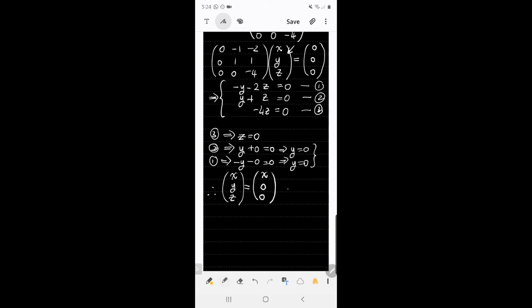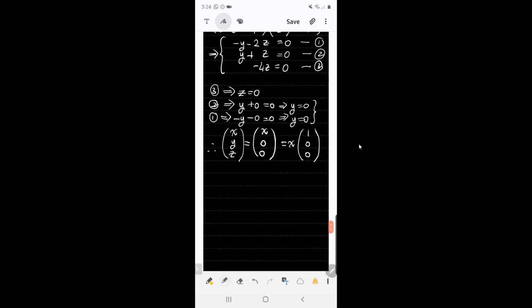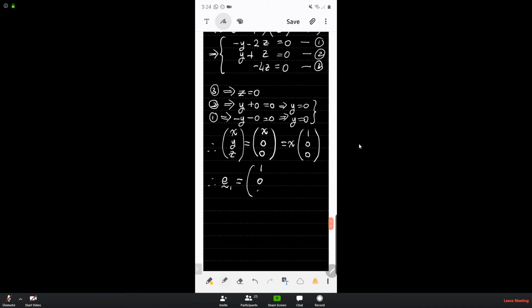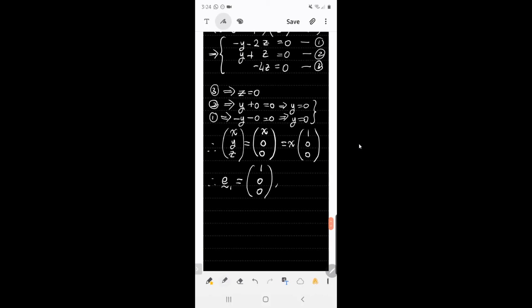So therefore, factorizing the x, I get the answer 1, 0, 0. So this is a possible eigenvector. Therefore, eigenvector 1 is equal to 1, 0, 0. Of course, some people say, teacher, I want to choose 2, 0, 0. Okay or not? Up to you.